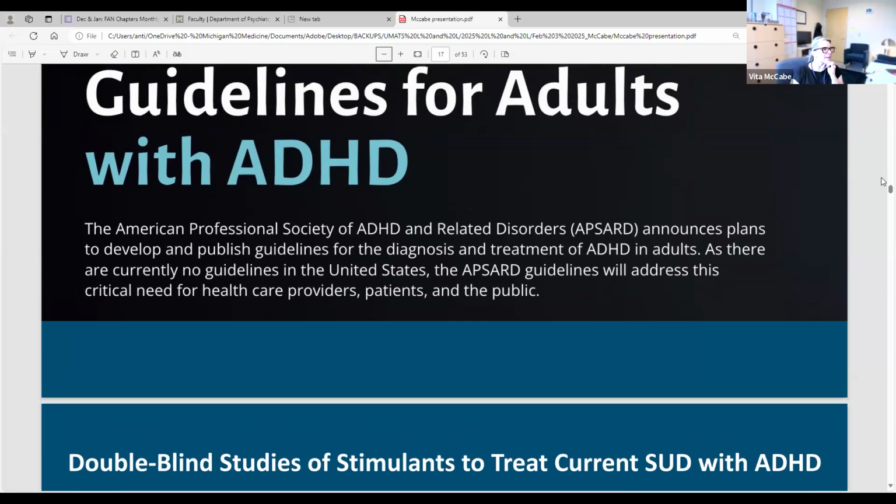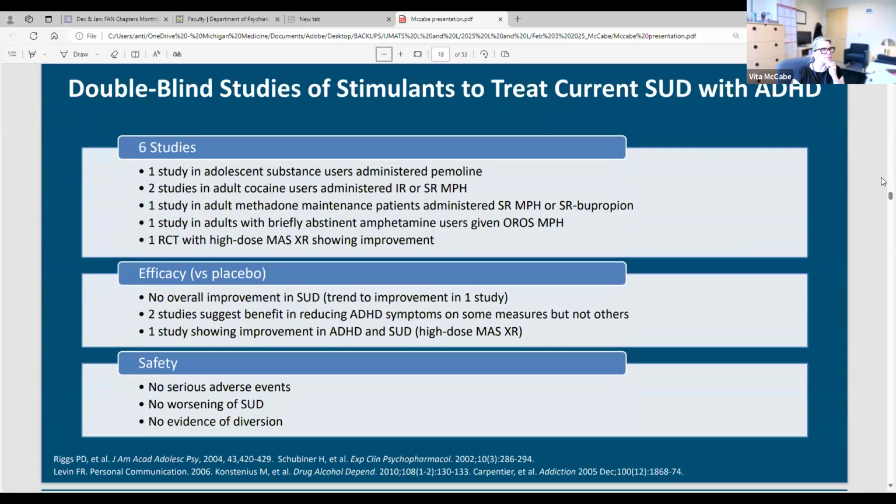So next slide. Let's talk about double-blind studies of stimulants to treat concurrent SUD with ADHD. There are about 6. The majority showing no overall improvement in substance use disorder. 1 study trending to improvement. 2 studies showing benefit in reducing ADHD symptoms only on some measures, but not others.